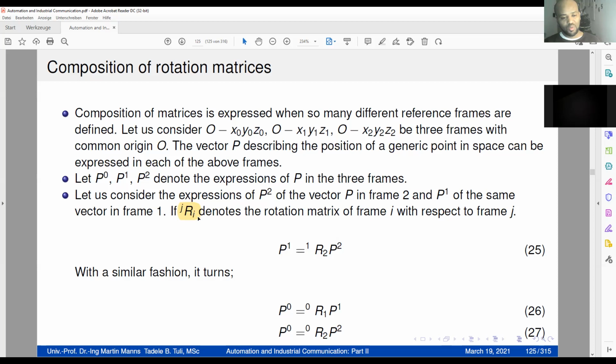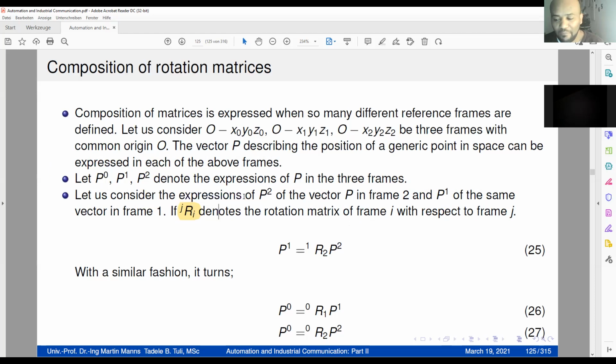This is moving from I to J: start at I and move to J. Then if someone writes IRJ, it means move from J to I, reverse. So that's why we need to make the inverse rotation. Actually, this is also a property of the rotation matrix, and it's very interesting.